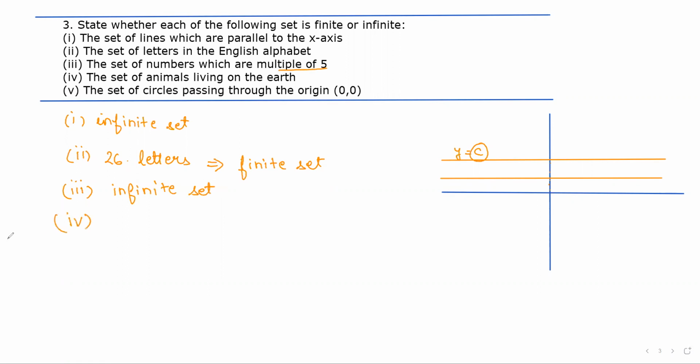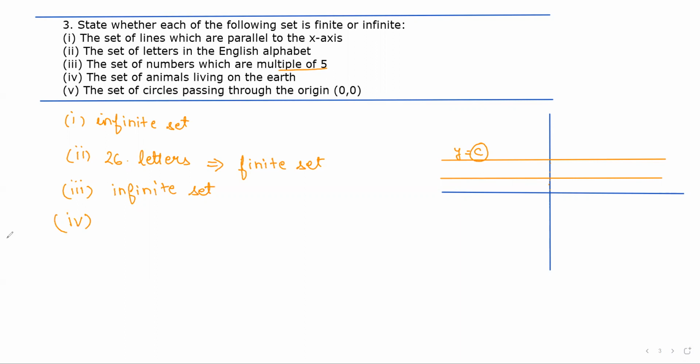Fourth, set of animals living on Earth. Now, we know that there are many animals living on Earth, but in biology, certain kinds of creatures are only named as animals. And even though it seems to be an impossible task, someone might be able to count these numbers. No matter how big the number is, it is countable.